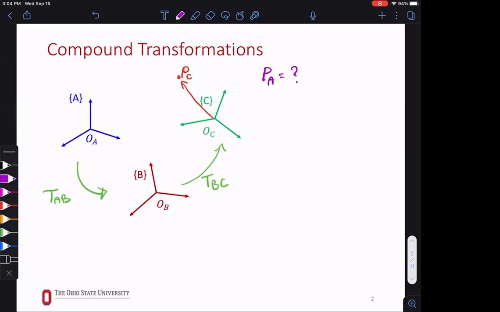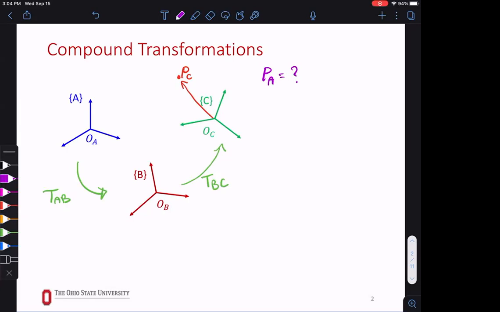So when I say we have T_AB and T_BC, do you think we know what T_AC is? Yes. We know the relationship between them, right? So basically, I want you to think about the known variables. Those 3, and we have an unknown variable. If we can come up with an equation, a relationship, that we can find the value for P_A.